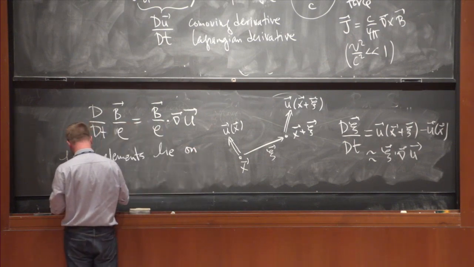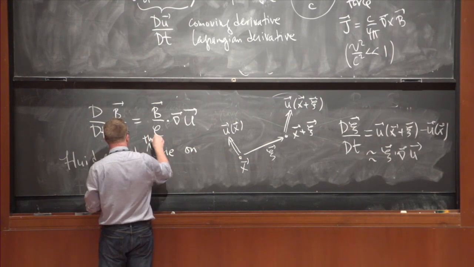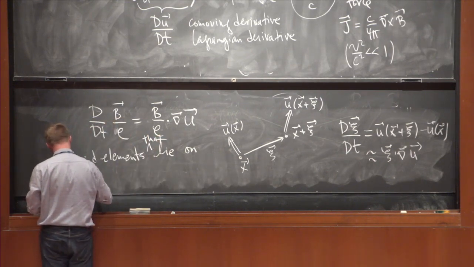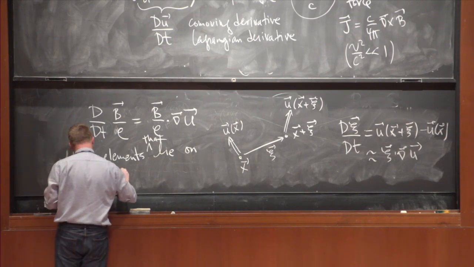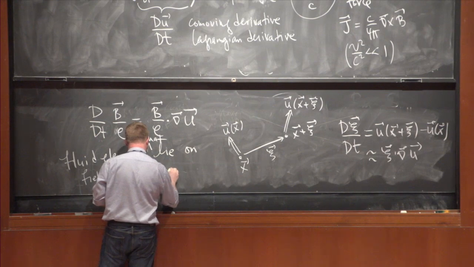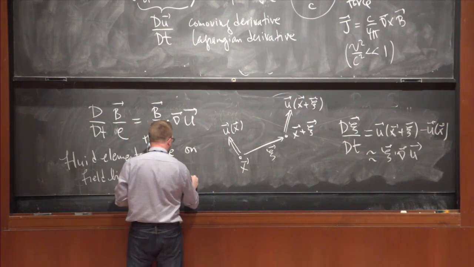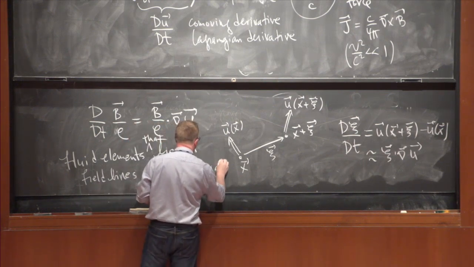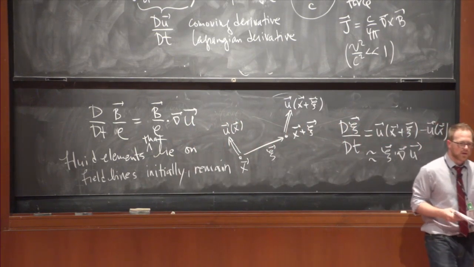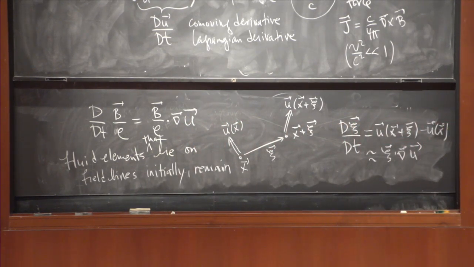Fluid elements that lie on field lines initially remain on that field line. So this is called Lundquist's theorem. It's the first little indication of something called flux freezing, that a fluid element carries around a magnetic field line with it.